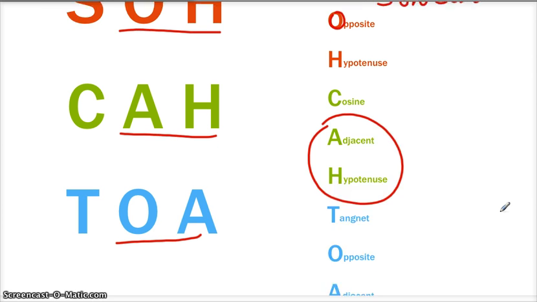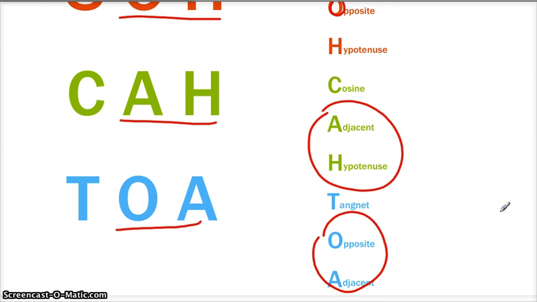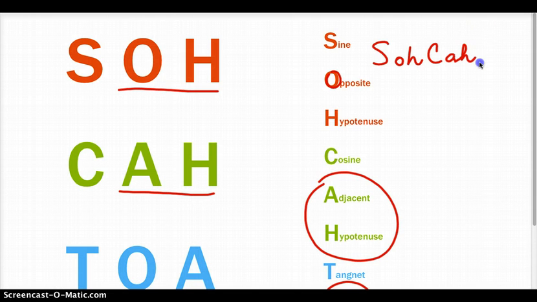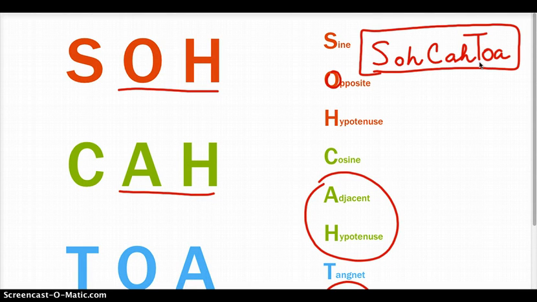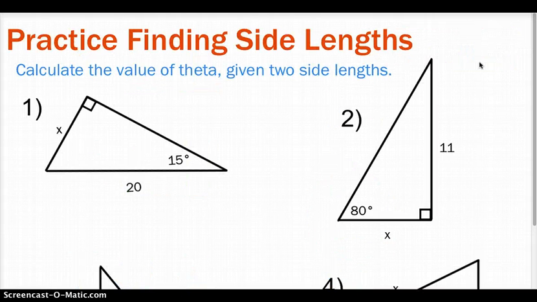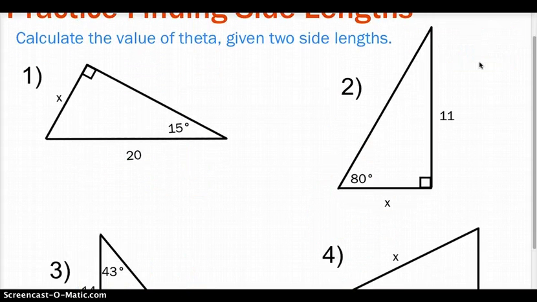And tangent is the ratio of the opposite over the adjacent. SOHCAHTOA. Might be helpful to write it on the top of your paper so that we can figure out which one is which. All right, so here are a handful of practice.